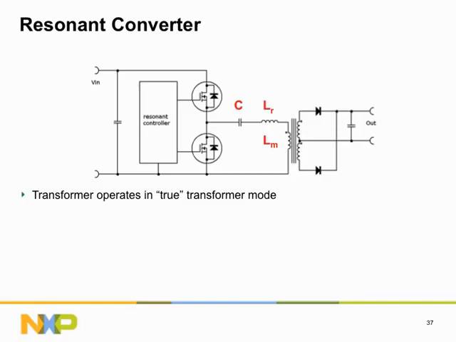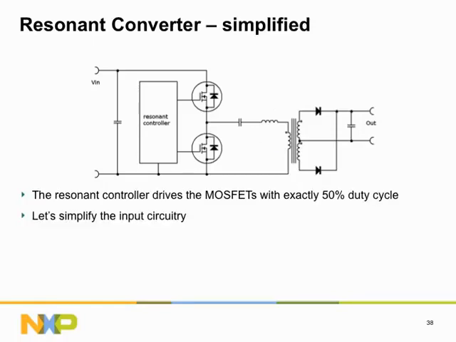Unlike the transformer in a flyback topology, the transformer in a resonant topology actually operates as a transformer. When energy is injected on the primary side of the transformer, it is directly transferred to and consumed on the secondary side.